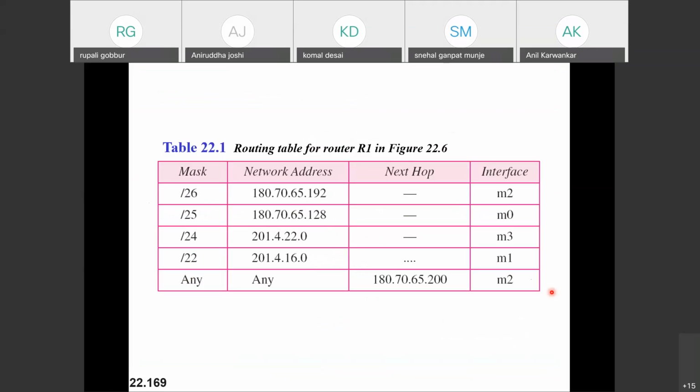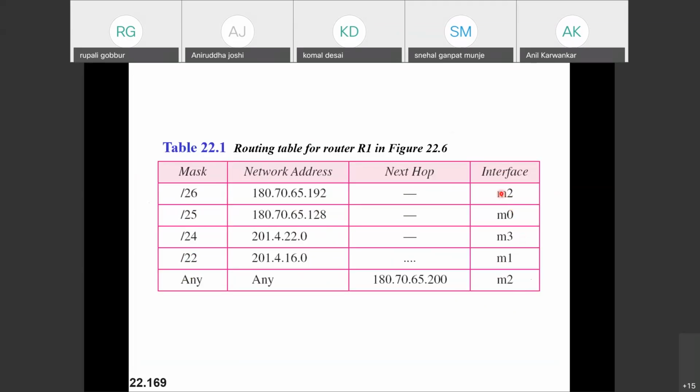26 25, that is actually the IP subnet mask. Subnet mask specifically will be, these are all the class B type of IP addresses. The class B type of IP addresses having the subnet mask 255.255.0.0. That will be the subnet mask for this particular network. These are the interfaces, M0, M1, M2, M3.